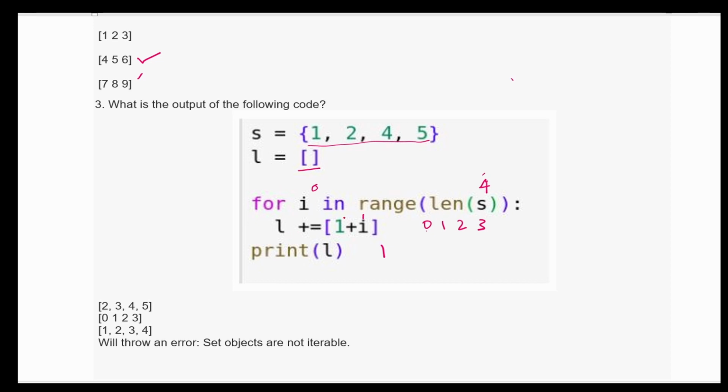So that will be added in the list. So 2. Then when i is 2, it will be 3. When i is 3, 3 plus 1 is 4. So 4 will be added in the list. So finally, L will have 1, 2, 3, 4. That is, this answer is correct.